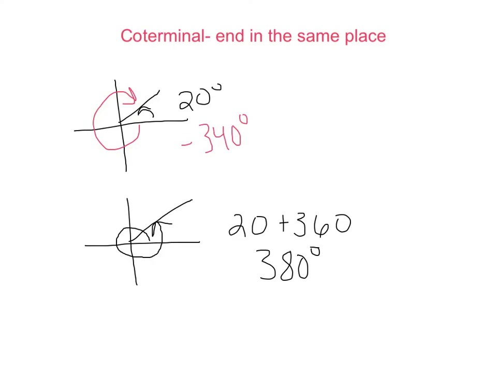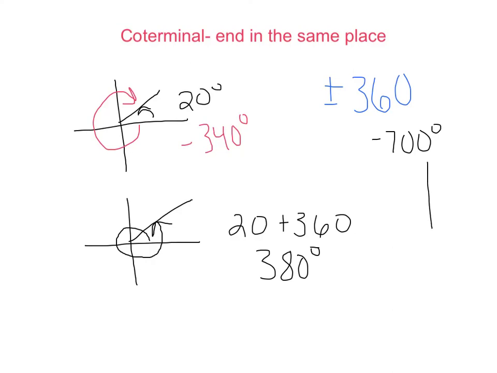Now with coterminal angles, there's actually an infinite number of answers. I can add or subtract 360 as many times as I want to find however many I want. But we're just going to find one more coterminal angle. We already have 20, negative 340, and 380. To find another angle, I'm going to subtract 360 again from negative 340, and that's going to give me negative 700 degrees.